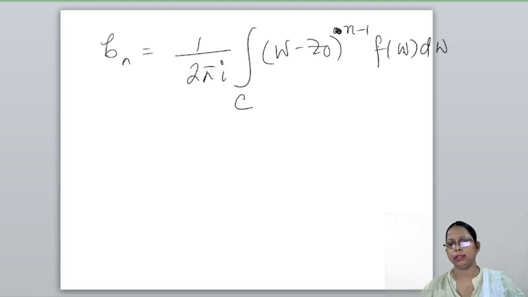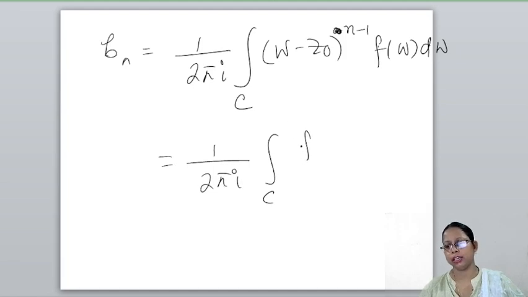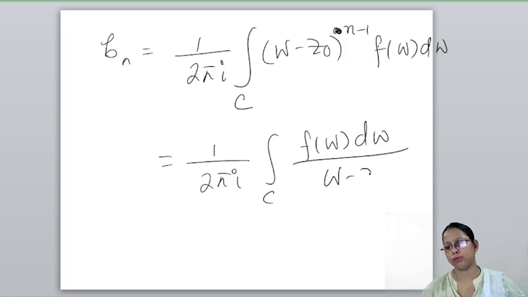If I bring this to the denominator, it will be of this form: 1 by 2 pi i integral over C of f(w) dw by (w minus z0) to the power minus n plus 1.